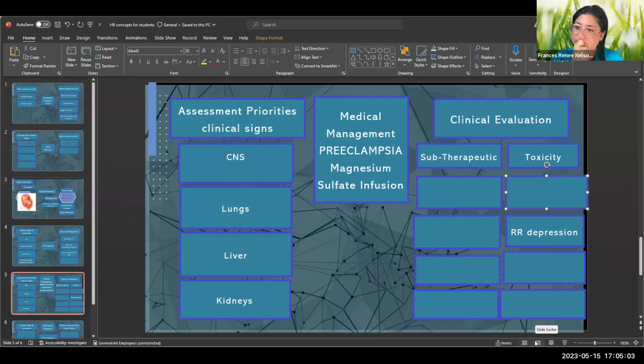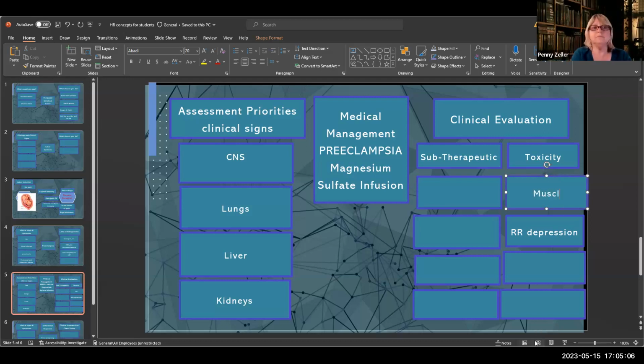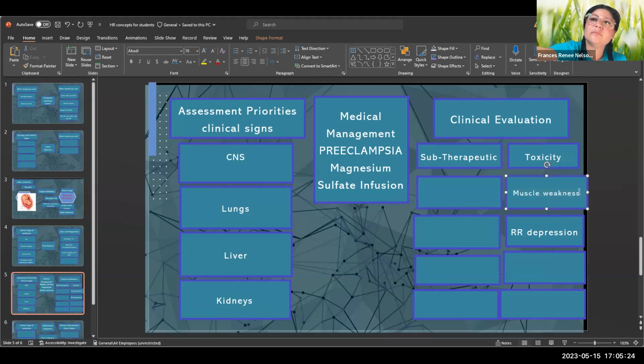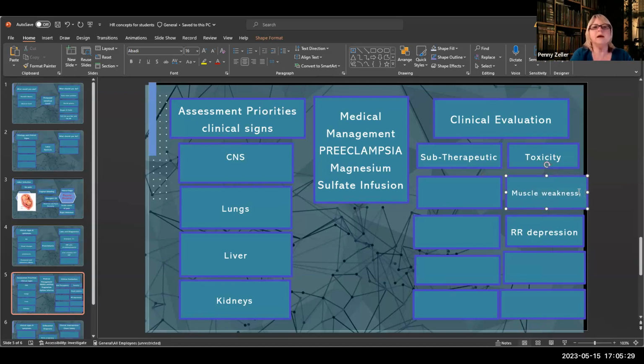Muscle weakness. Okay, good. What else? Low blood pressure. Yep, the brain certainly regulates blood pressure, so we're going to say hypotension and bradycardia.